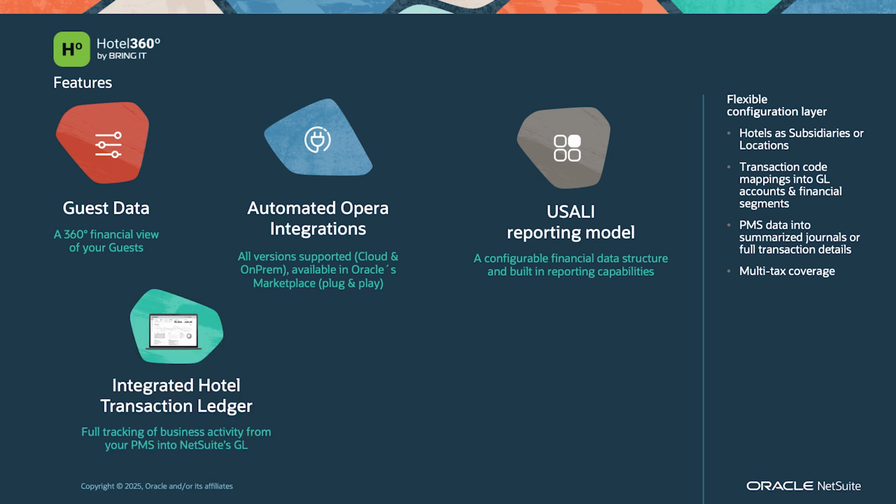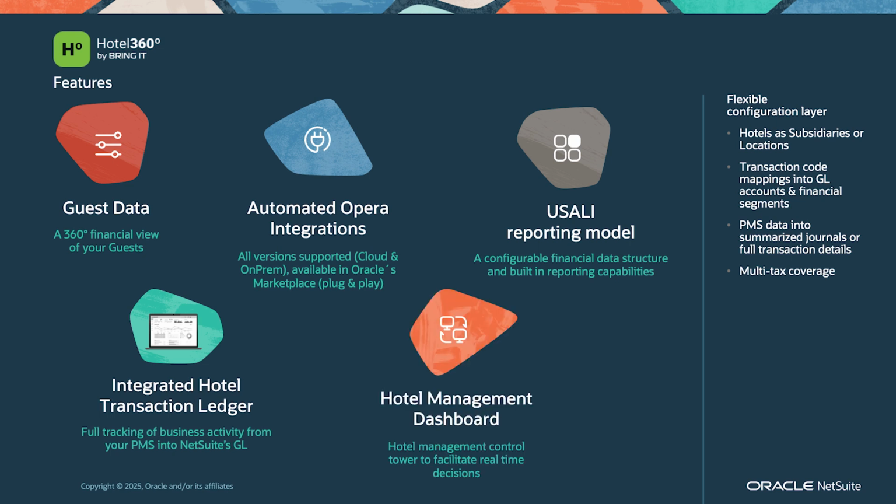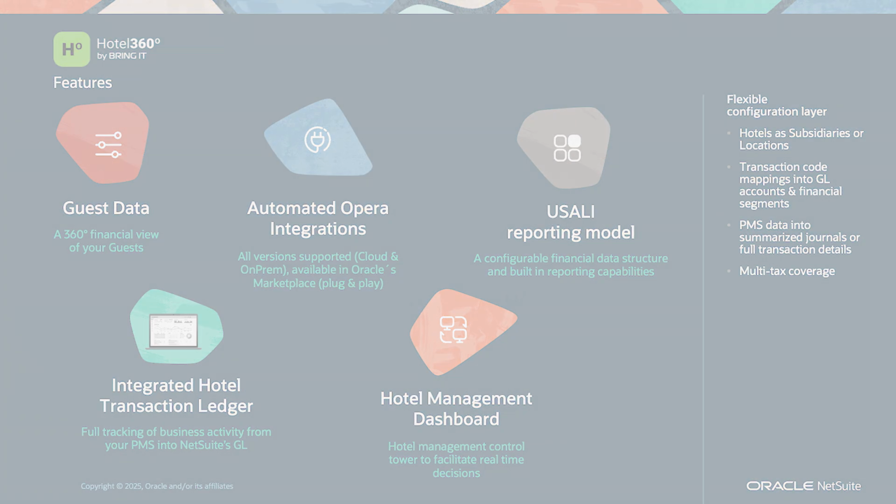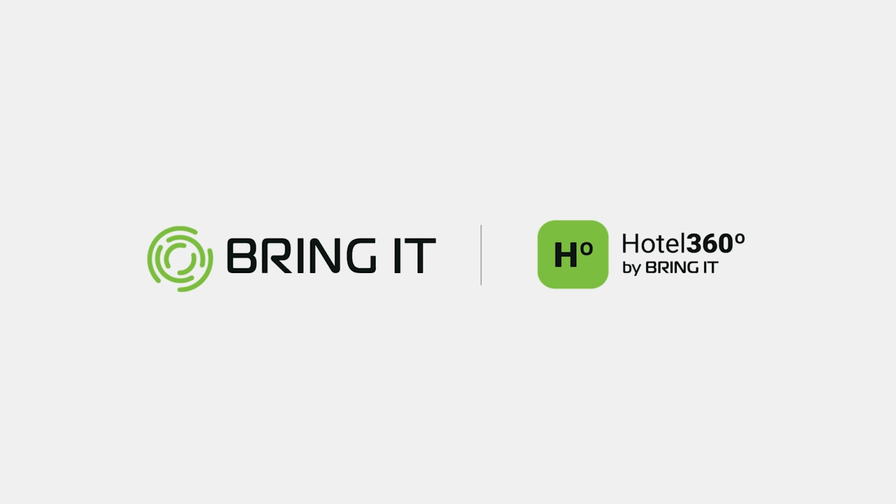This suite runs within NetSuite's central environment to allow detailed GL-level reconciliations and leverages the business intelligence capabilities and dashboards of the platform. Let's have a peek into the system.